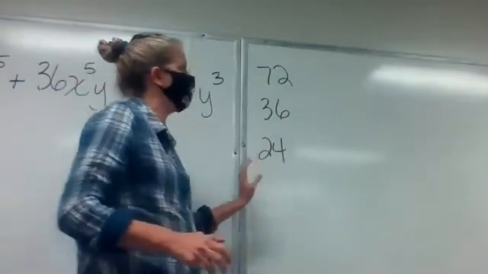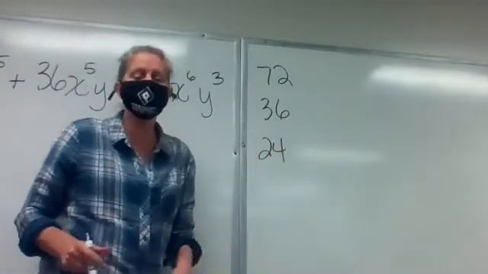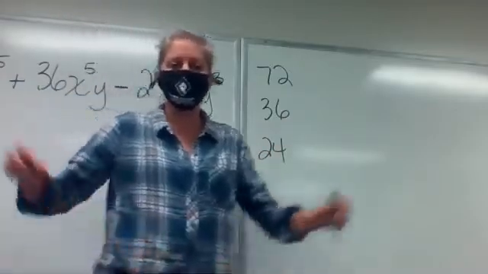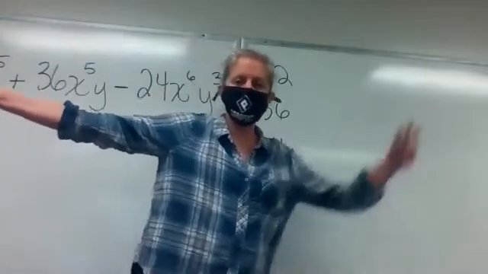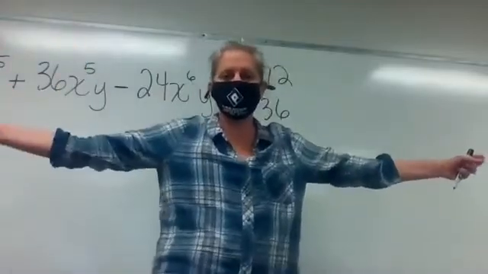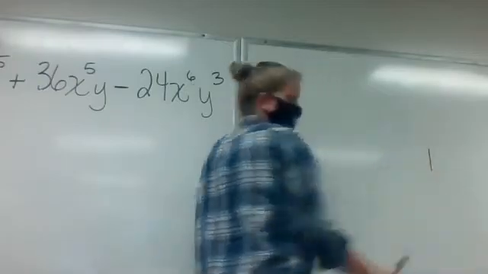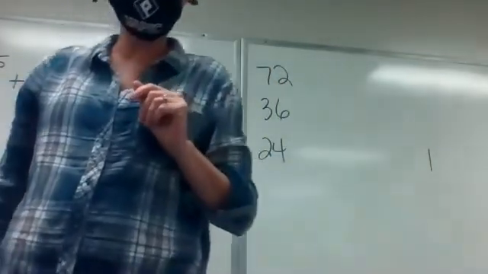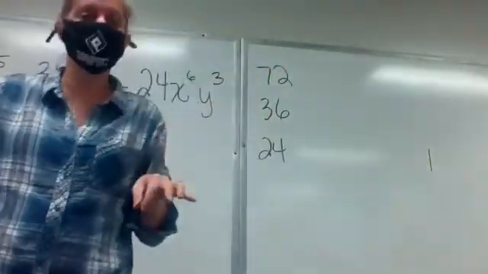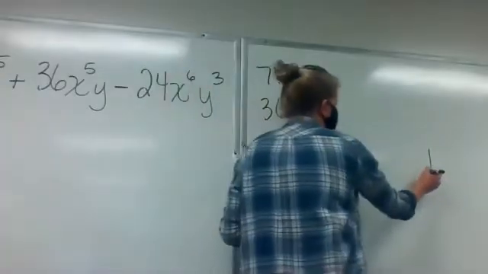So let's see, again, listing out the ways to multiply to get 24. Now remember, I'm going to do the highest and the lowest. So 24 times 1. How else do you multiply to get 24? What's the next way? Let's see, does 2 go into it?